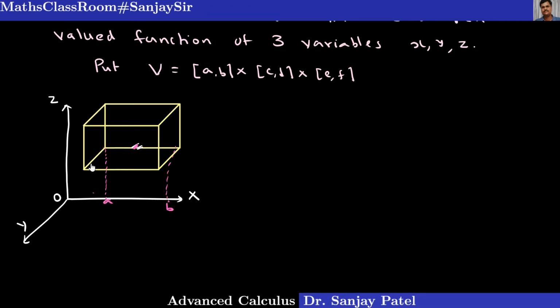This length changes from c to d somewhere here, and this height changes from e to f on the z axis, e to f. So this goes to this and this goes to this.